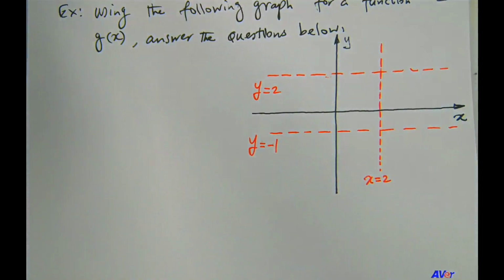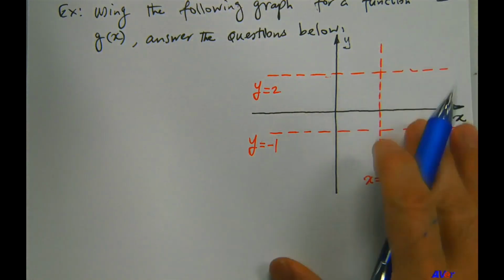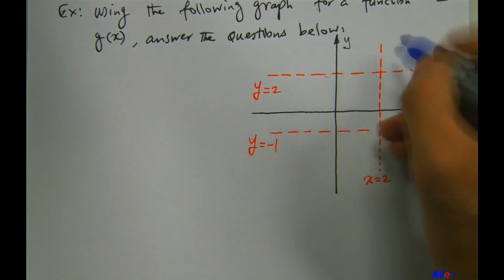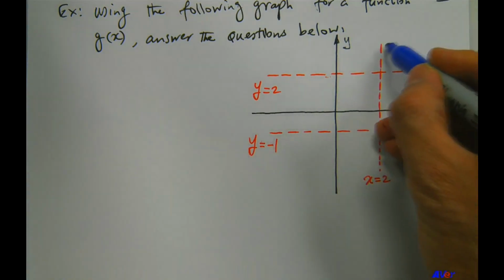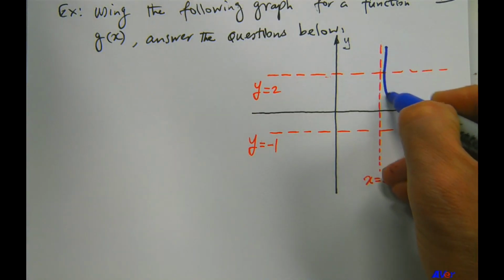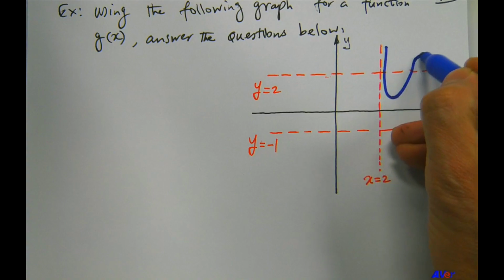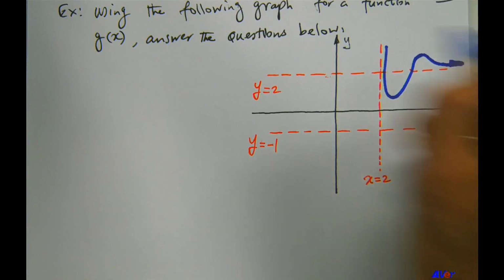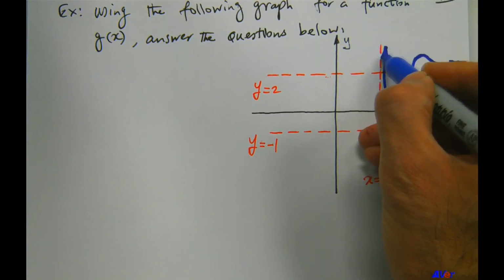Okay. All right. So the graph that we have is as follows, and let me use my thicker marker if I brought it with me. Yes, I did. So we have one piece of the graph that does this, like that on this side, and like that on this side.